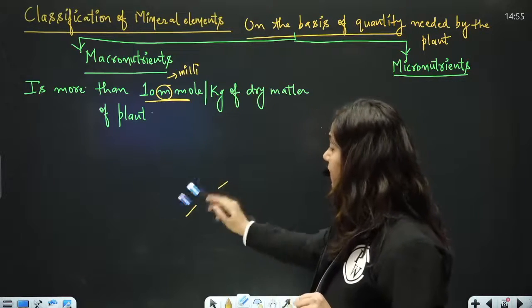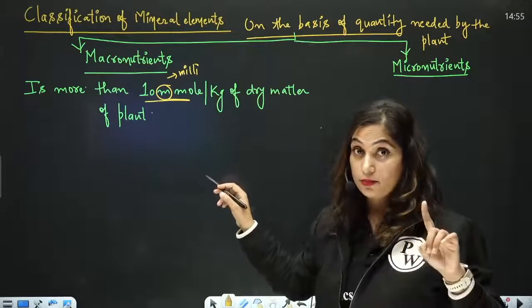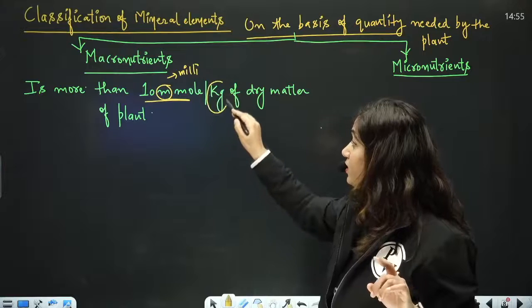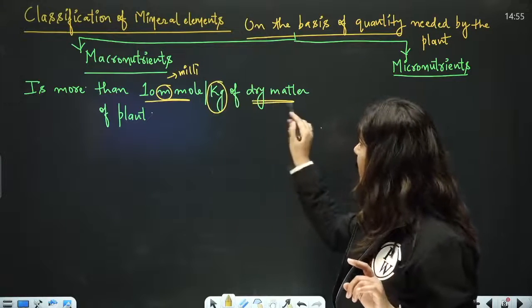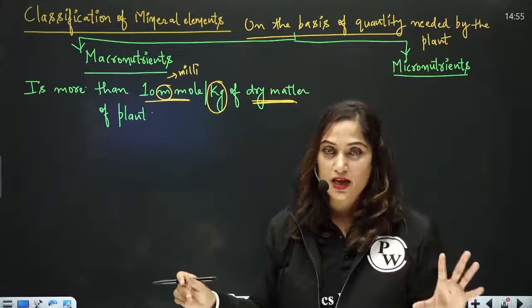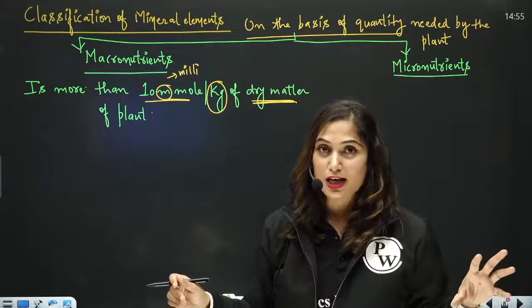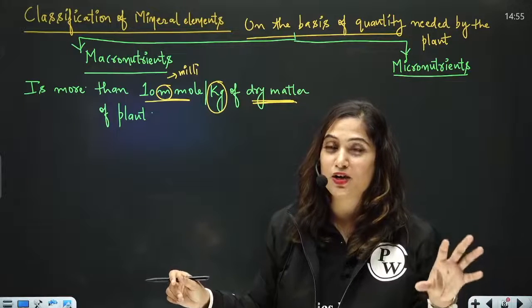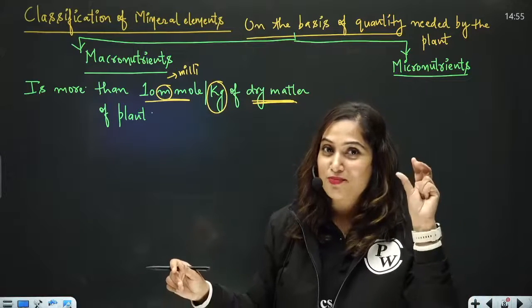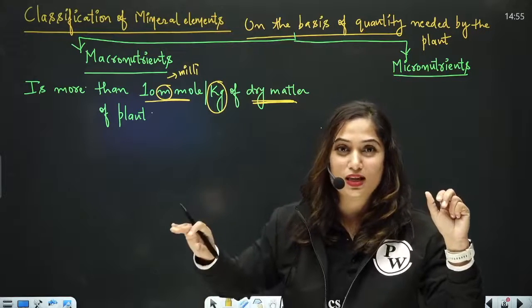Second, it is per kg, it is not gram here, it is kg, per kg of dry matter of plant, right? Plant has two kinds of weights, one is dry weight, one is fresh weight. Fresh weight includes dry weight plus the content of water in it, but dry matter is only the dry, organic biomass, excluding the amount of water.